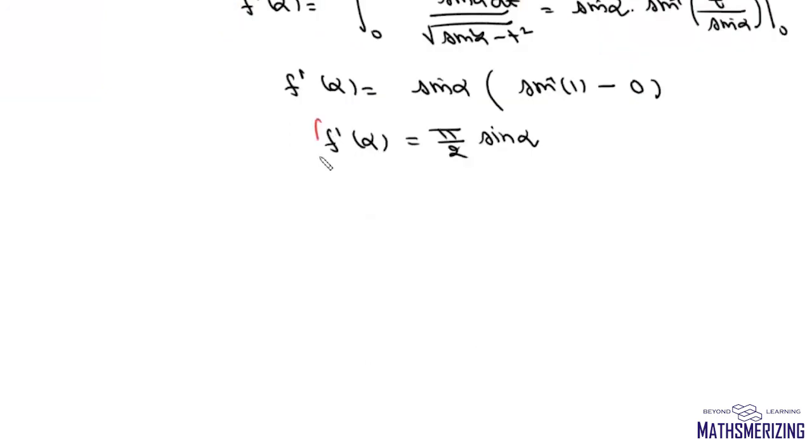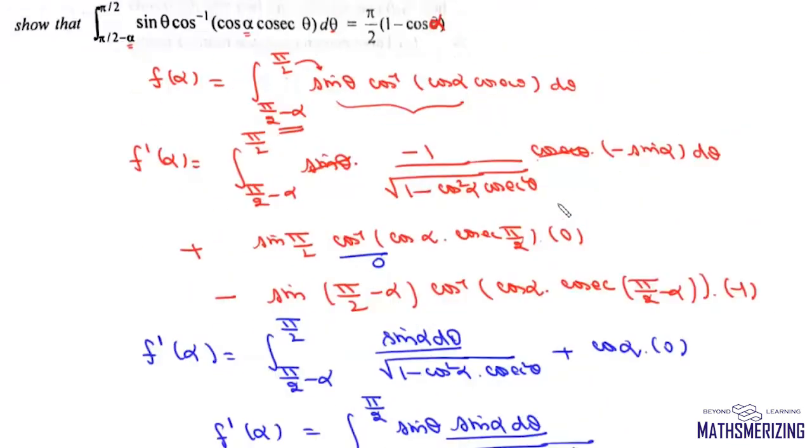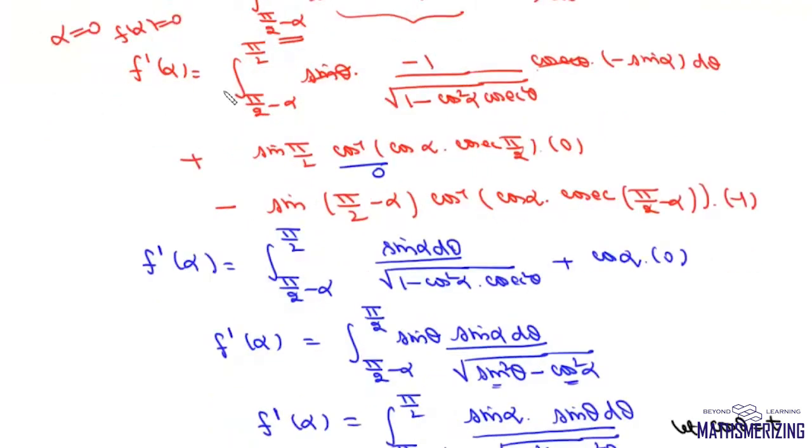Now we'll integrate this function with respect to α. We'll get f(α) and it'll be π/2 into −cos α plus c. Now we'll also need to find the initial condition, and the initial condition is when α is 0, we have both the limits same. In that case, the value of f(α) will also be 0.